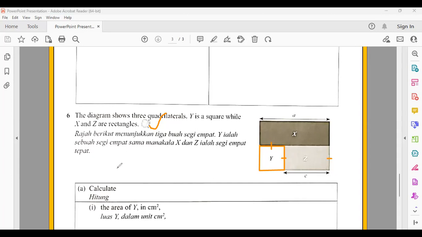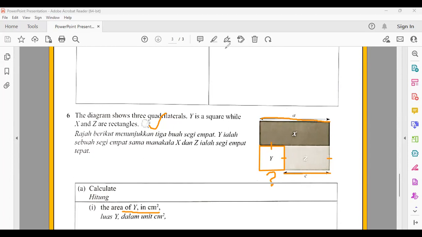All right. So they ask you to calculate the area of Y in centimeters squared. All right. But what have they given you? They have given you the length of this, which is A. They have given you the length of Z, which is C. Now, how do I find the length of Y? Anybody got any idea? Put in the chat.